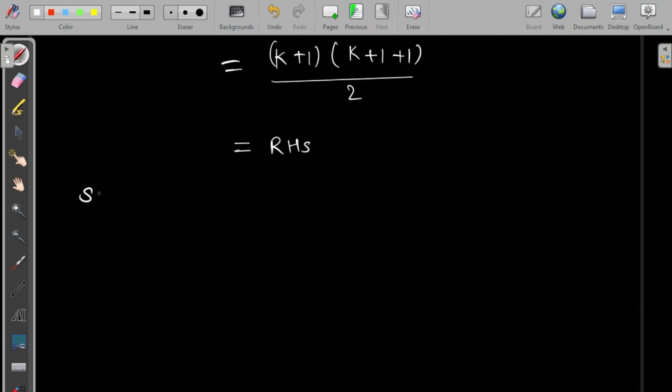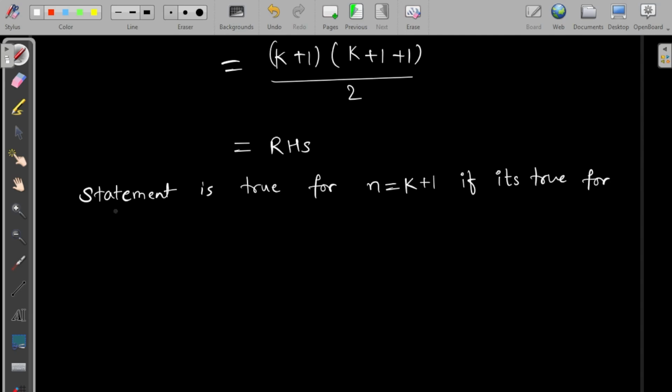Hence we have proven that the statement is true for n equal to k plus 1 if it's true for n equal to k.